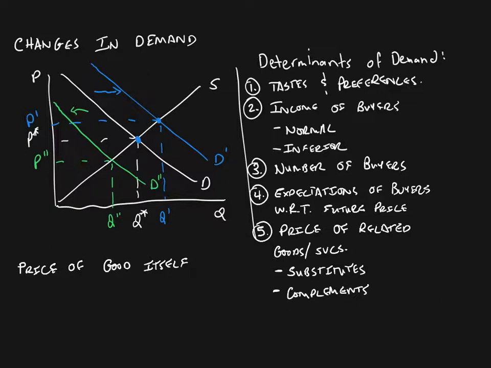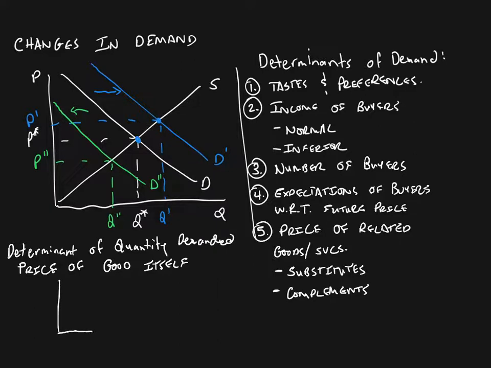So that is not a determinant of demand, but rather a determinant of quantity demanded. So a change in price is not going to cause a change in the demand curve. It's not going to cause the demand curve to shift, but it may cause movement along the demand curve.